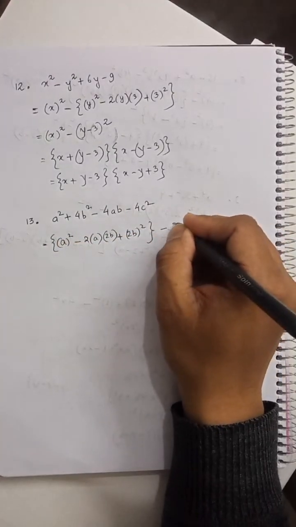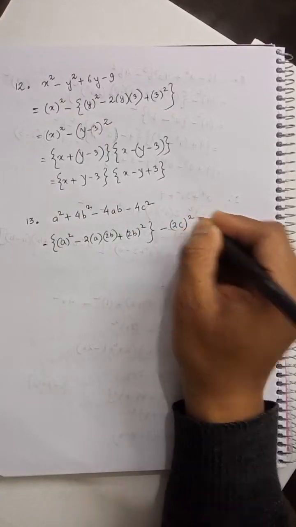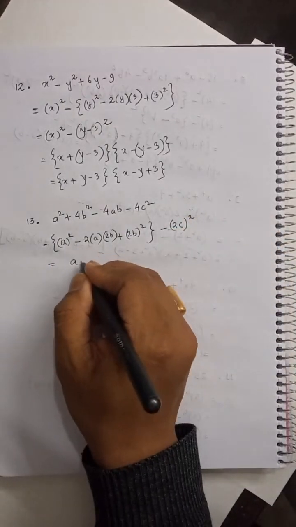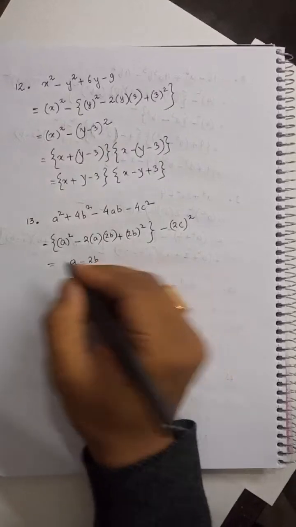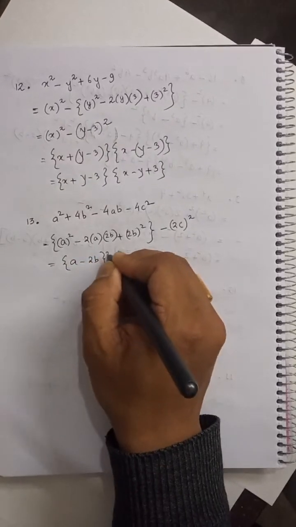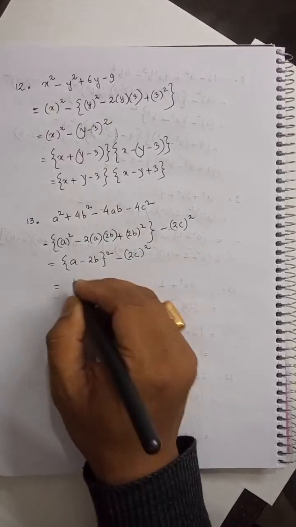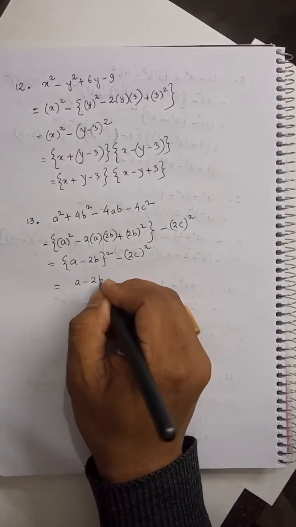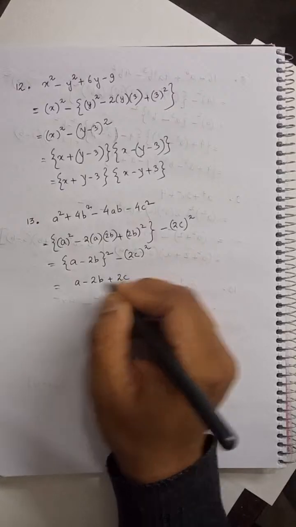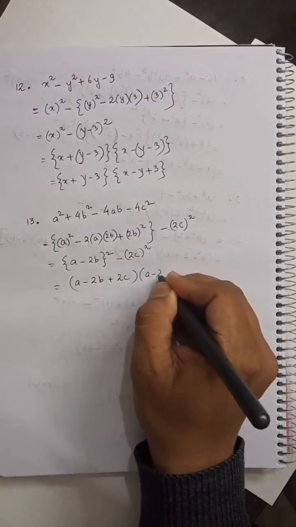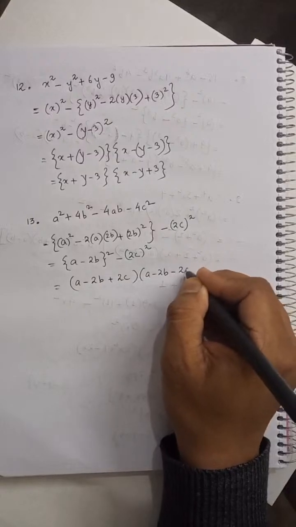And 2c whole square. So this is a minus 2b whole square minus 2c whole square, and our final answer will be a minus 2b plus 2c, a minus 2b minus 2c.